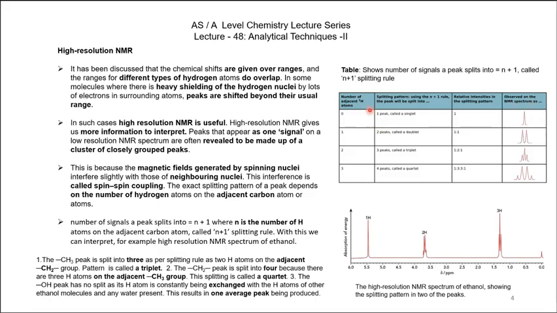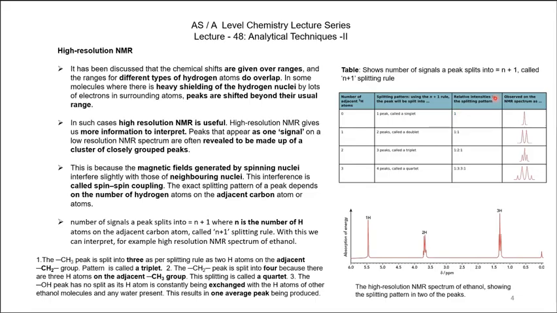If we do not have any adjacent hydrogen atom, n is 0, so 0 plus 1, we get one single peak, which we call a singlet in high resolution NMR spectra.